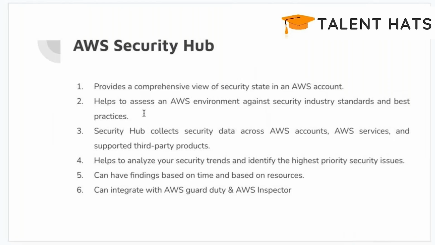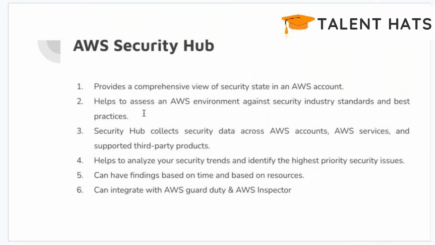Suppose under EC2 you have created a specific EC2 machine; for that machine also, it will tell you that this is not secure. It will help us see critical security errors that we haven't secured, so we get those insights. It tells us this is priority one, which we have to make more secure.